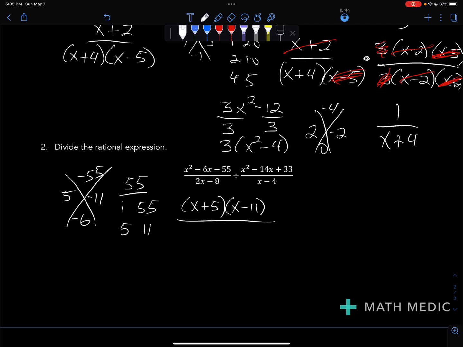Looking at the denominator, 2x minus 8. We have a greatest common factor. So what's the biggest number that I can divide into both 2 and 8? That is 2.